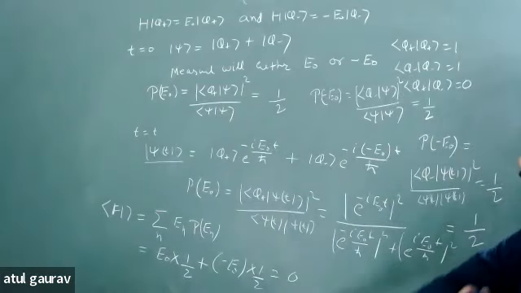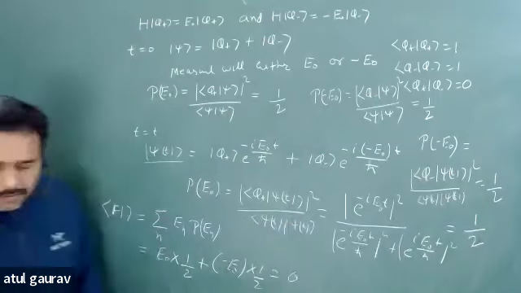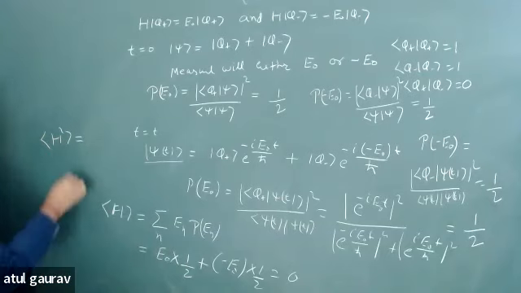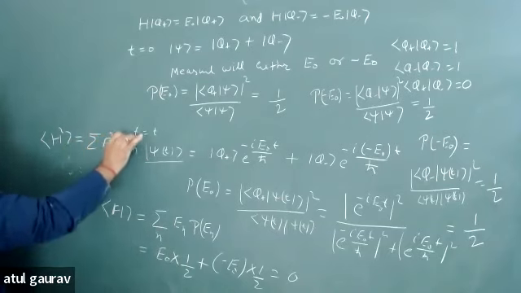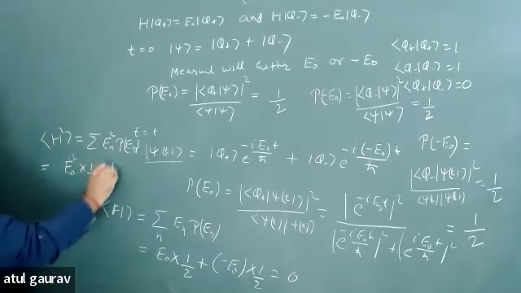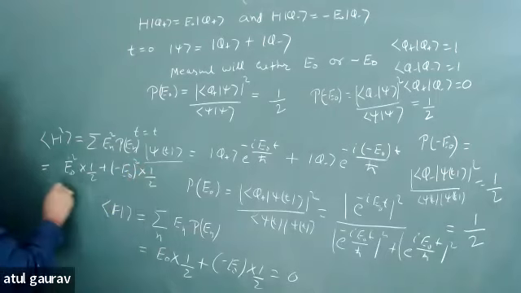If you want, you can also calculate the average value of H square. Can anyone calculate the average value of H square? What will be this value? E naught square. So you can write the formula, that is the sum of En square times the probability of measurement of En, and this value is equal to E naught square into 1 by 2 plus E naught square into 1 by 2.